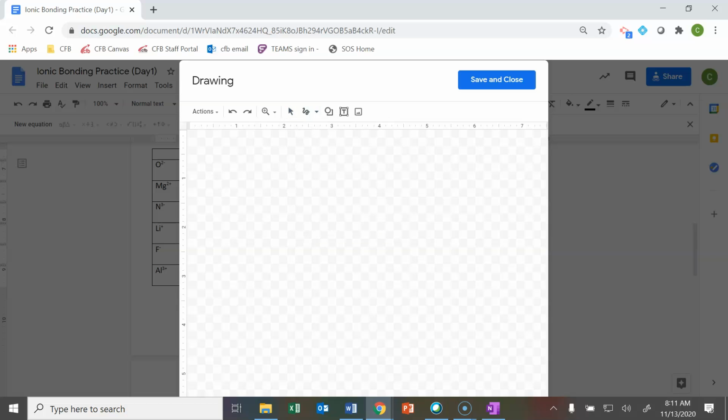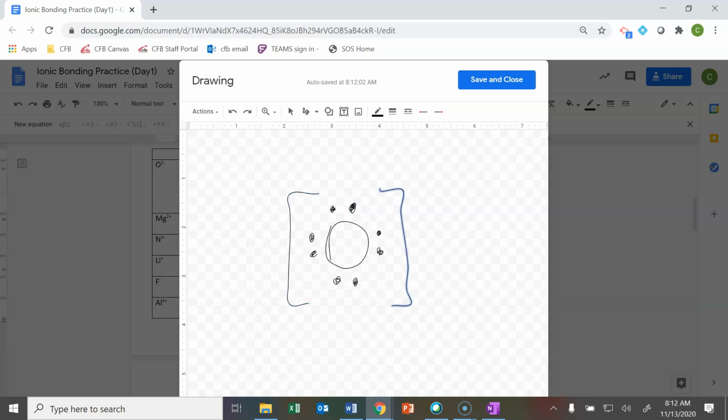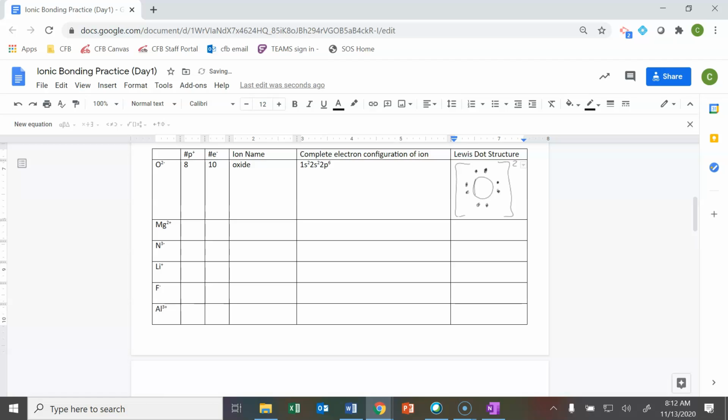Going to start with oxygen, that's O. And I want 8 dots around it. 1, 2, 3, 4, 5, 6, 7, 8, drop brackets, and because it has a -2 charge, I'm going to put 2 minus on the outside, hit save and close, and it saves it for me right there.